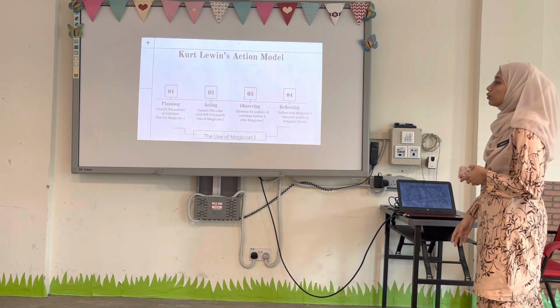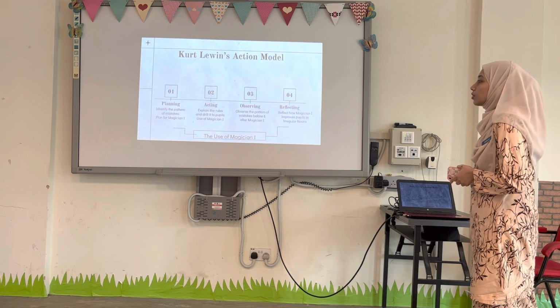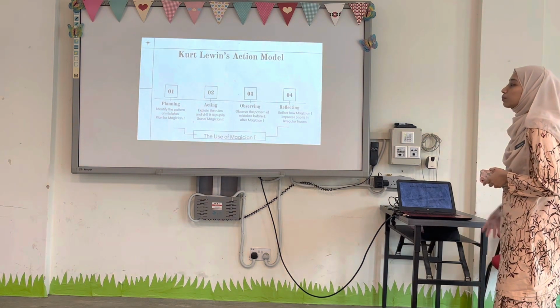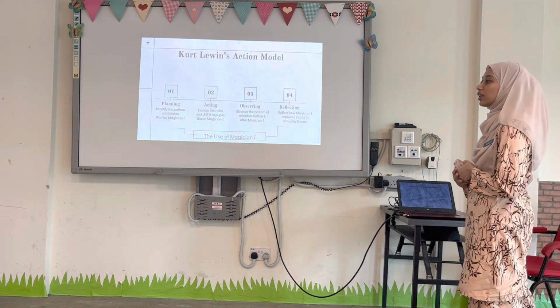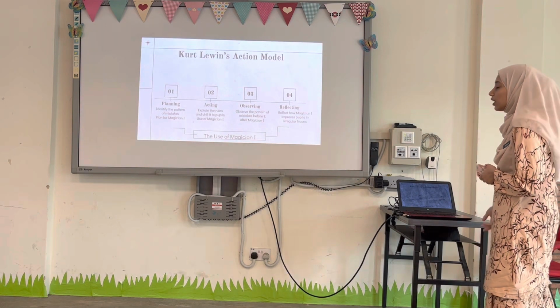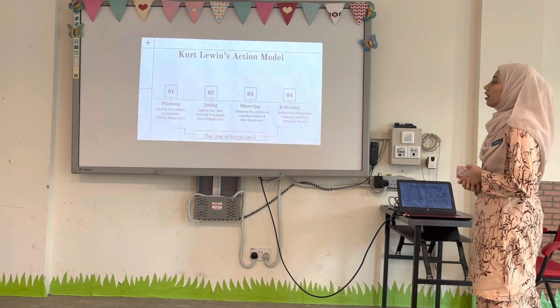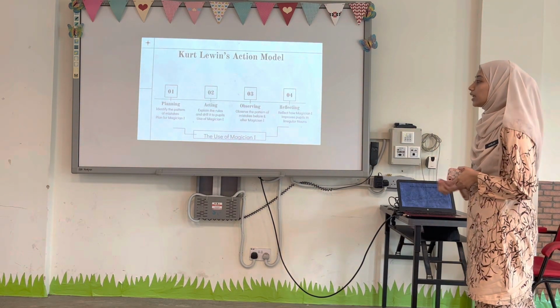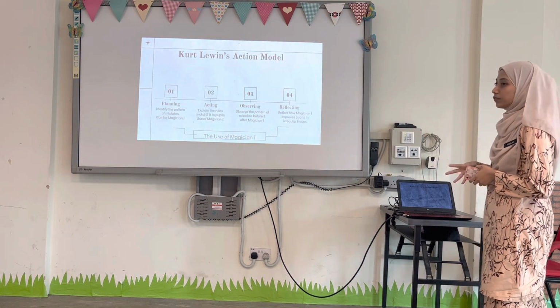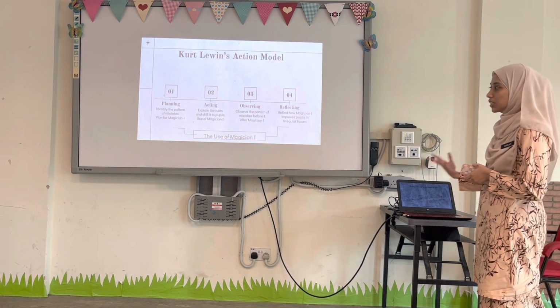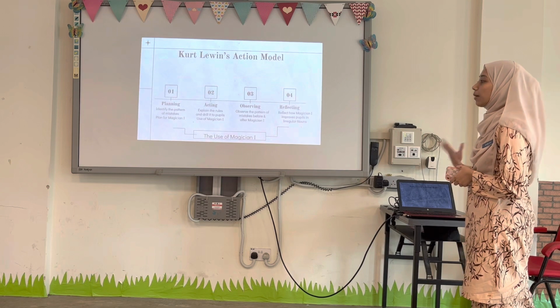And then I will also plan for Magician I in terms of the materials or the period that I'm going to conduct during the research later. Meanwhile, for the acting, I'm going to explain the rules and drill it to pupils first before they start using my Magician I so that they can memorize the grammar rules.